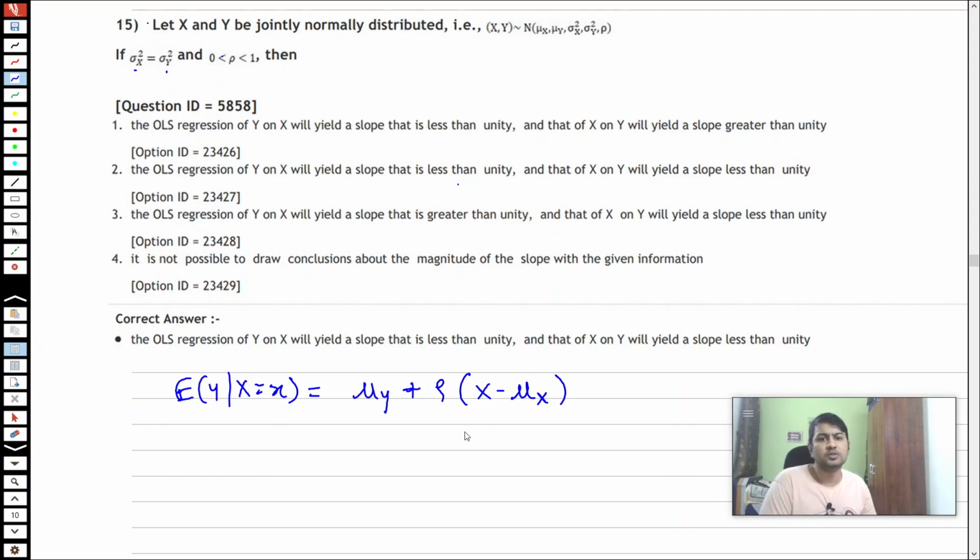Okay, so this comes from the fact that sigma x is equal to sigma y. Alright, so since you know that these two sigmas are the same, you should be able to derive this.